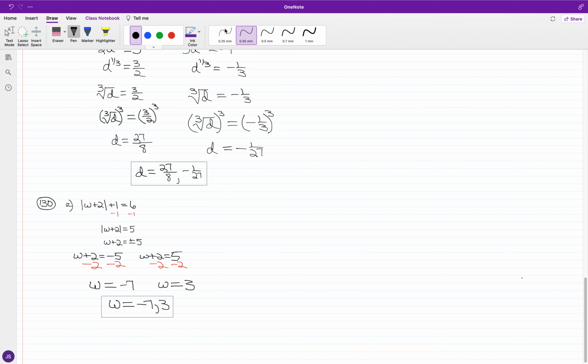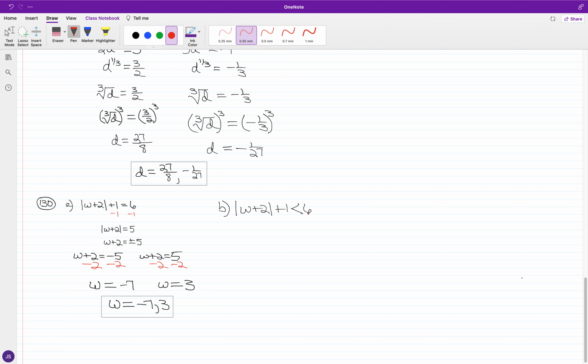Now for the second part, we have the absolute value of W plus 2, followed by the addition of 1, is less than 6.